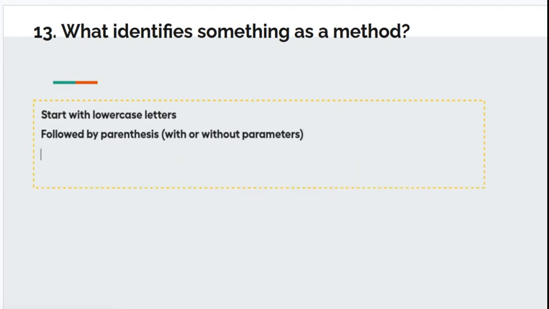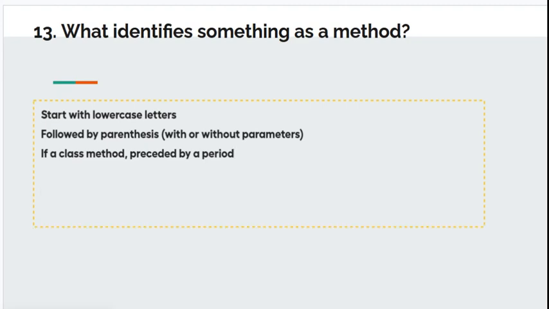If a method is directly attached to a class, then it'll be preceded by the class name, and it's preceded by a period. Or as people commonly say, dot.